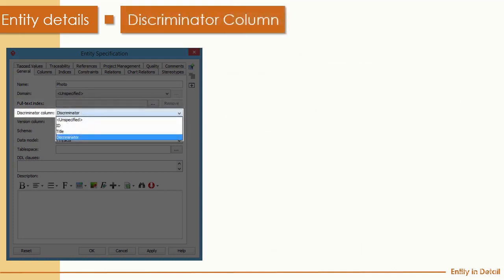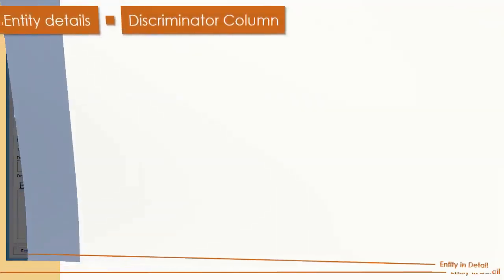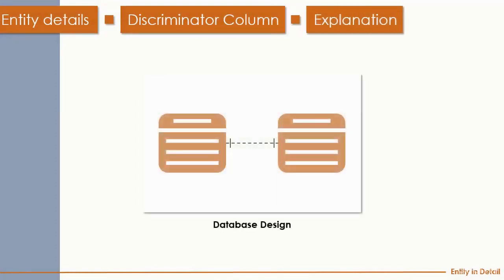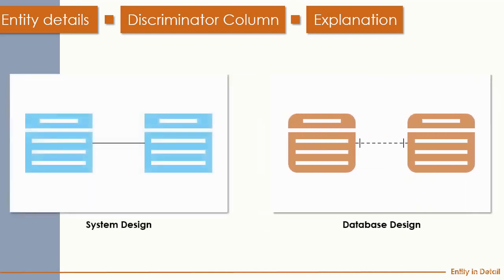Discriminator column. It is very specific to object relational mapping. When you decide on the database, it's used to store the data. But when you're doing the programming, you need to load the data into memory in order to do your work. So you will have a corresponding class diagram in memory when you're doing object-oriented programming.